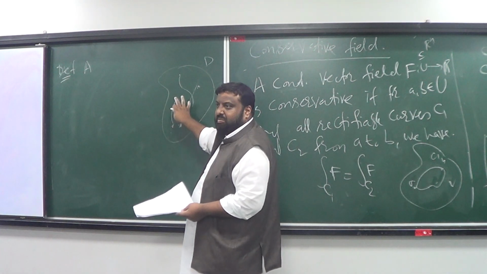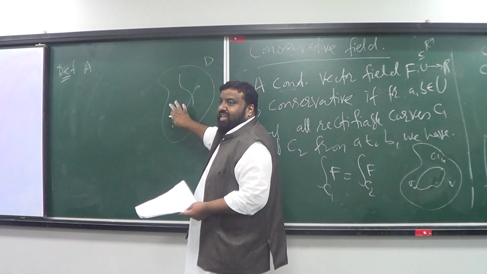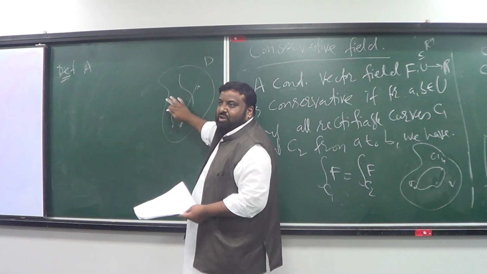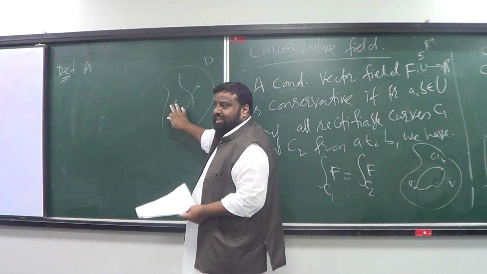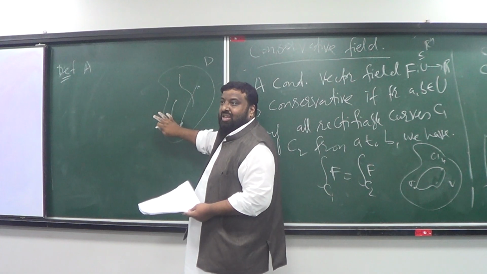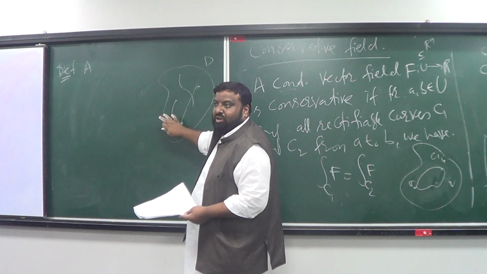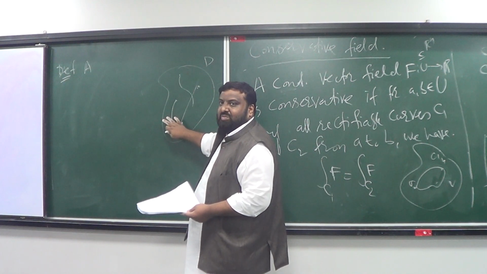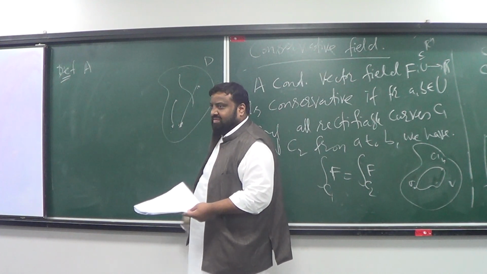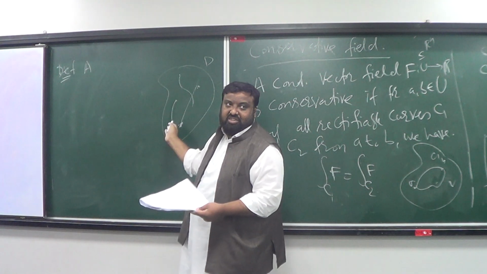So you say that this is path connected. In other words, every single point of this region is connected with every other point of the same region through some path. Therefore you call it a path connected region.